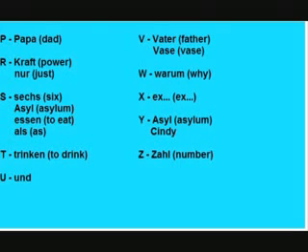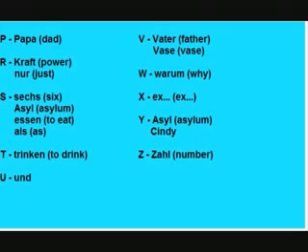But in foreign words, especially words coming from Latin, it's pronounced like in English, for example Vase, so vase. The W is pronounced like the V in English. An example is warum, why.